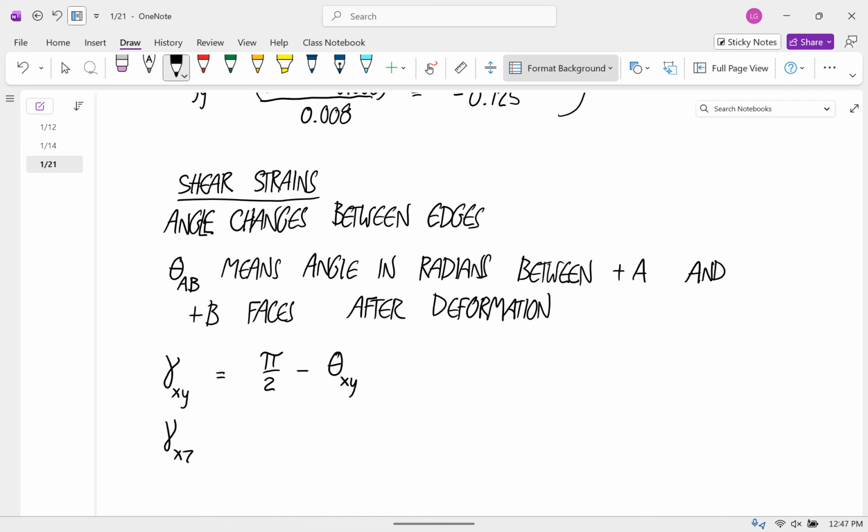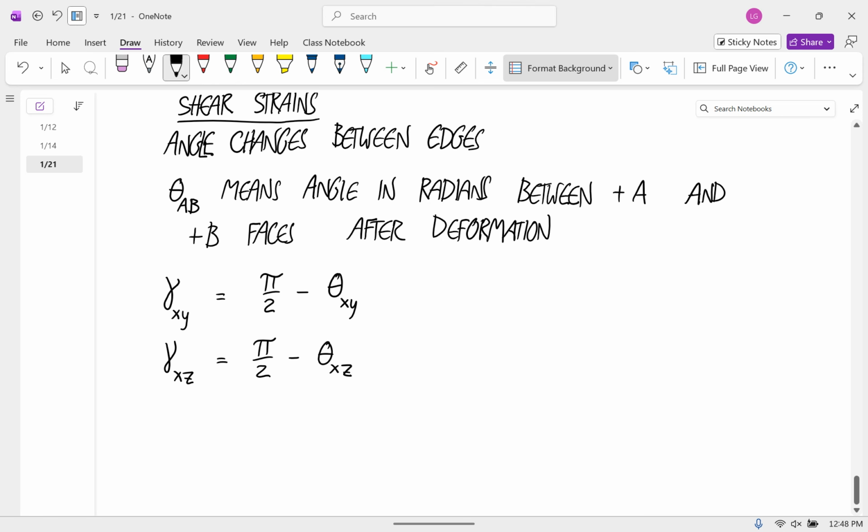Gamma XZ, same definition, is going to be pi over 2 minus the angle between the positive X and positive Z faces. And then the last one, gamma YZ, is pi over 2 minus the angle between the positive Y and positive Z faces.